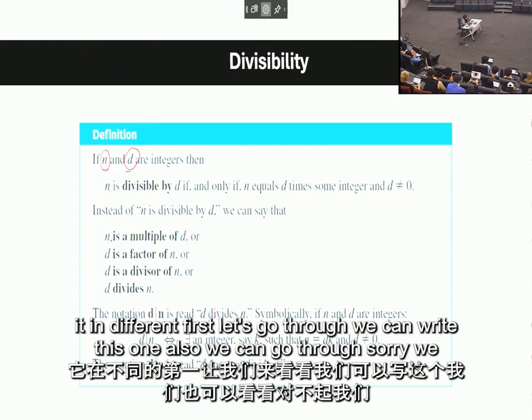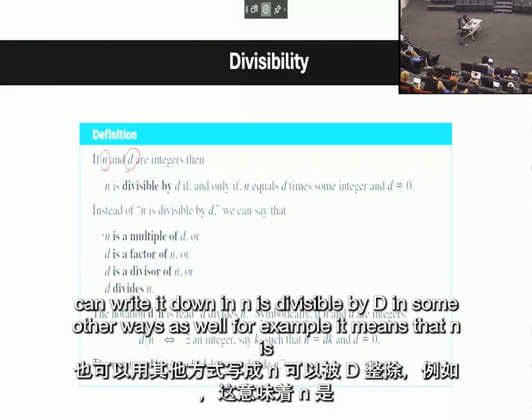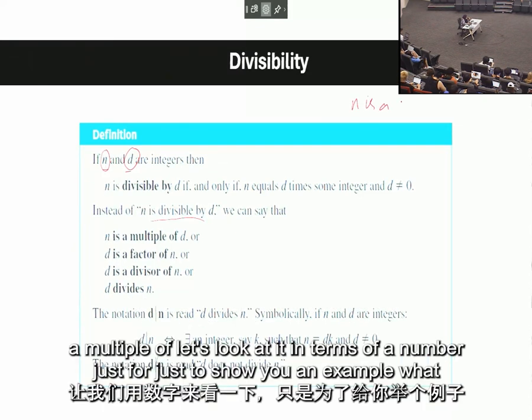We can write n is divisible by d in some other ways as well. Let's look at it in terms of a number, just to show you an example.